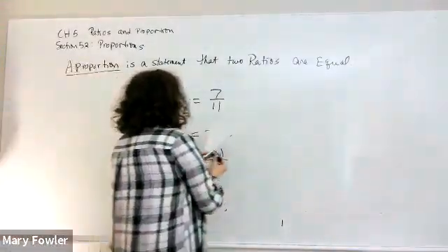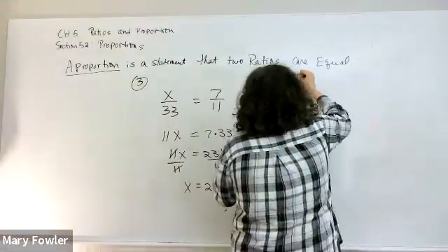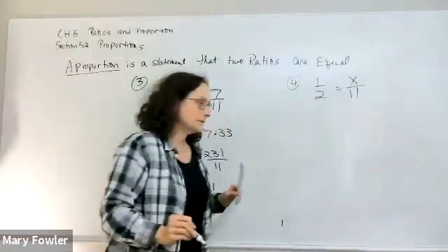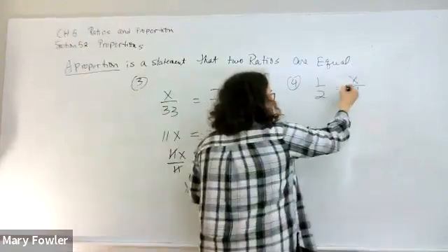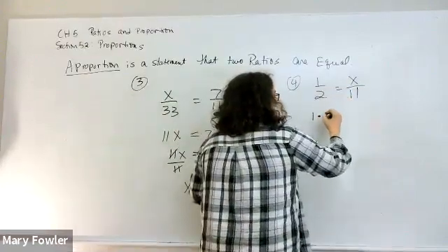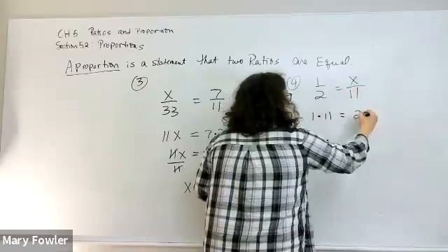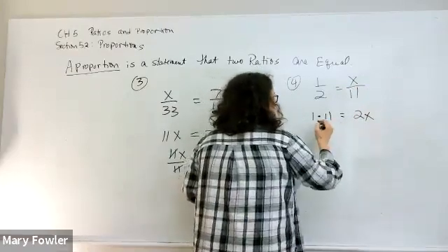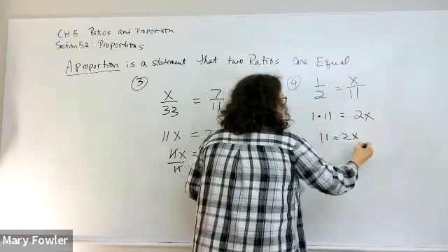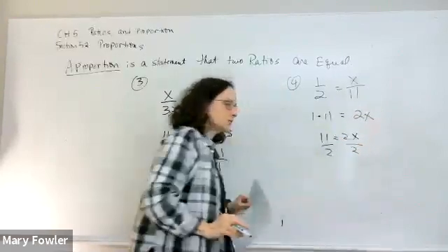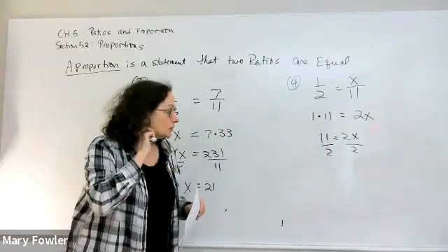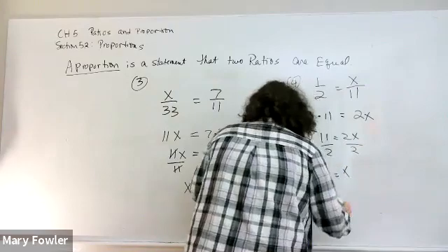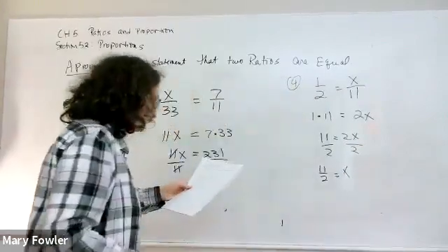So for number 4, 1/2 equals x over 11. So cross multiply or find the cross products. 1 times 11 equals 2 times x. Well, that's 11 equals 2x. To solve for x, we divide both sides by 2, and we get that x is equal to 11/2.